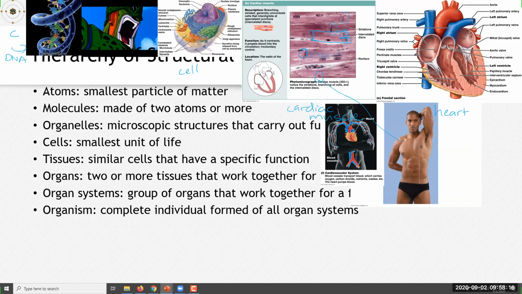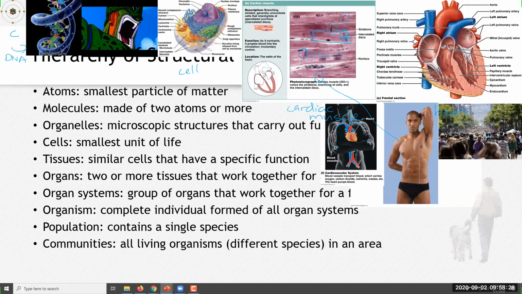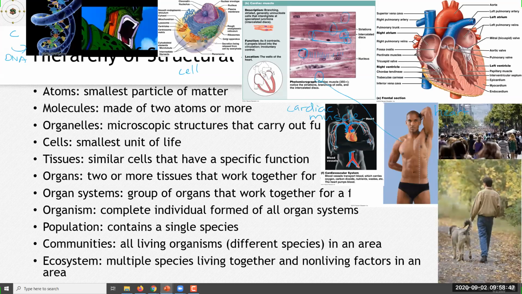When you start getting other organisms of the same species together, then we have something called the population. Once you start involving other species, now you have communities. Notice all these are living organisms living together. Once you include non-living things, like the air and the rocks, now we have something called the ecosystem.